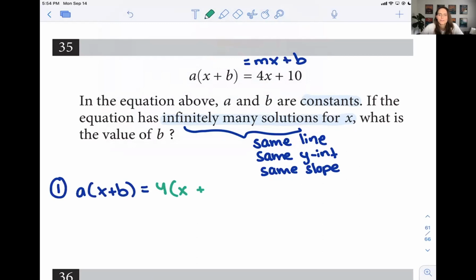But because I have 4 friends, they each only get $2.50. So this would be 2.5. 4 times 2.5 gives me 10. So my B is 2.5, and I'm done. That's the fastest way to answer this question.